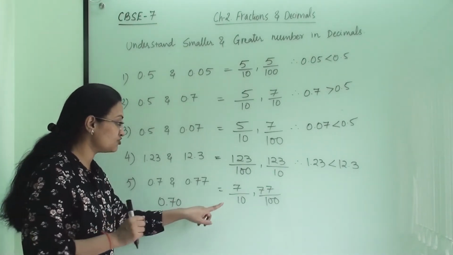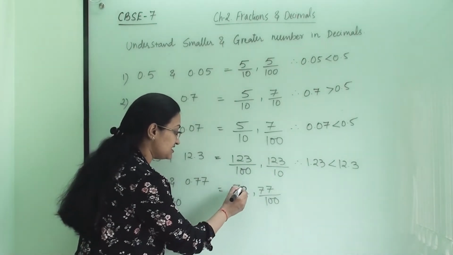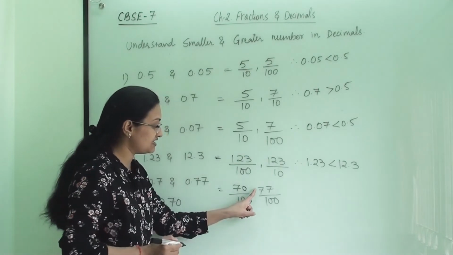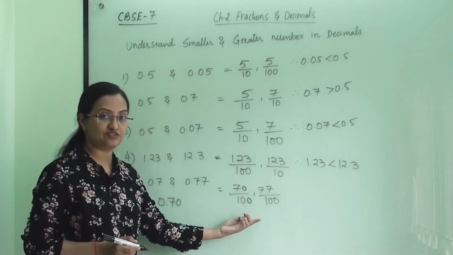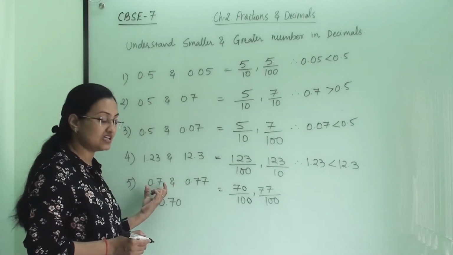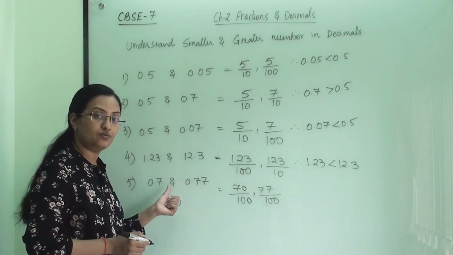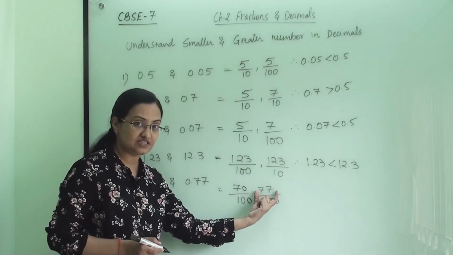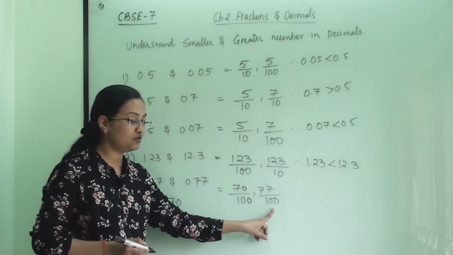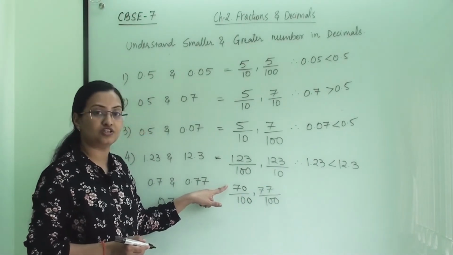So actually the number is 70 divided by 100 and 77 divided by 100. This will change from what you are seeing here, because to match with the other number we are adding 0 at the back. So 70 and 77. First we look at the denominators. Denominators are the same, then we check the numerator.